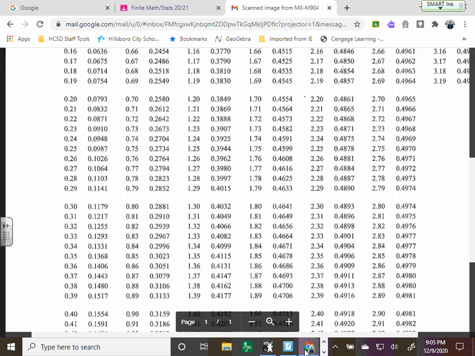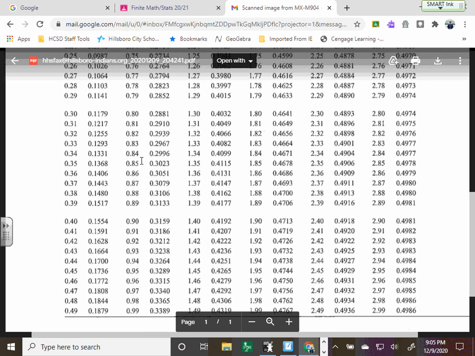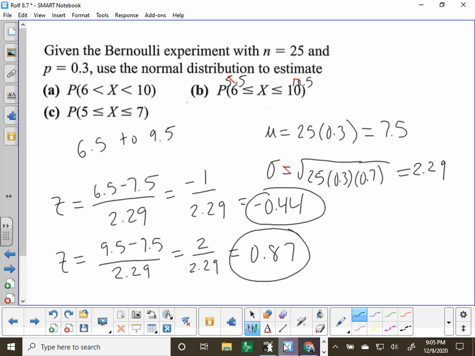All right, now I'm going to look those up on the table. So I go to my table here. 0.87 is 3079. So go back to here, 0.3079. Okay, so there's that one.